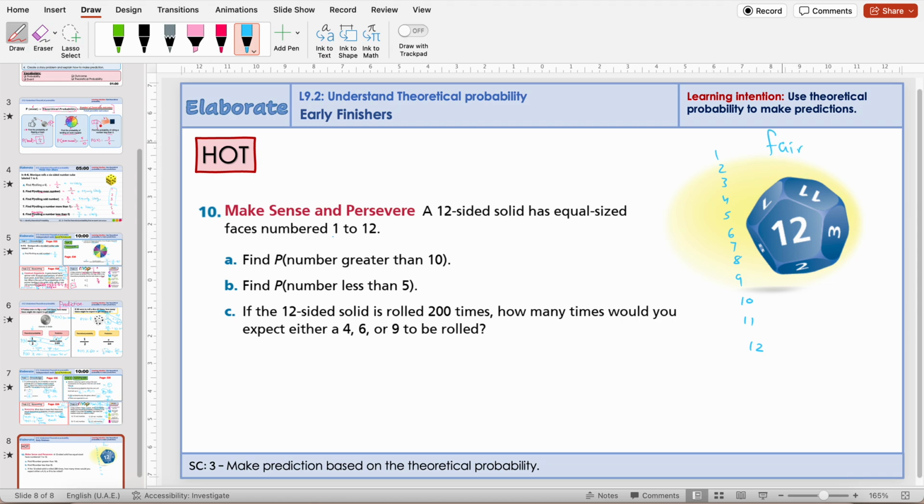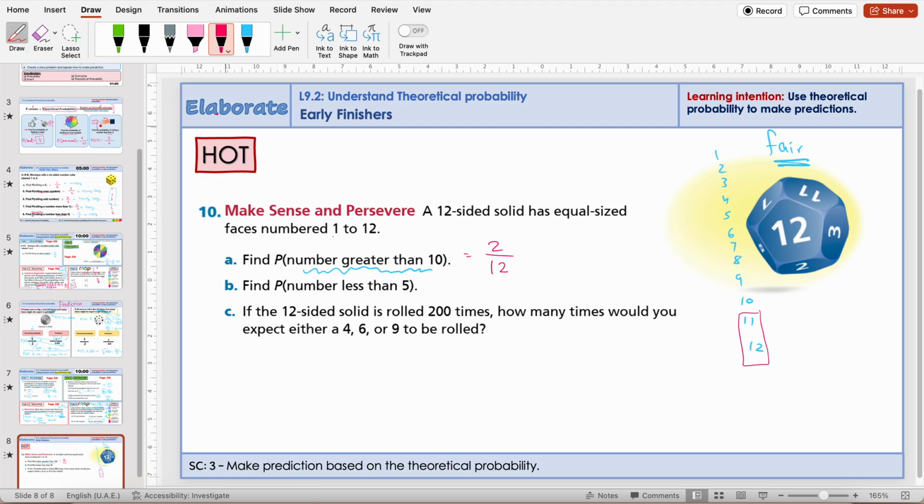All of them are the equal size. All of them are repeated one time. So it's totally fair. Okay? Probability of getting a number greater than 10. How many of these are greater than 10? 11 and 12. So 2 out of. These are the favorable outcomes. How many in all? 12 outcomes.